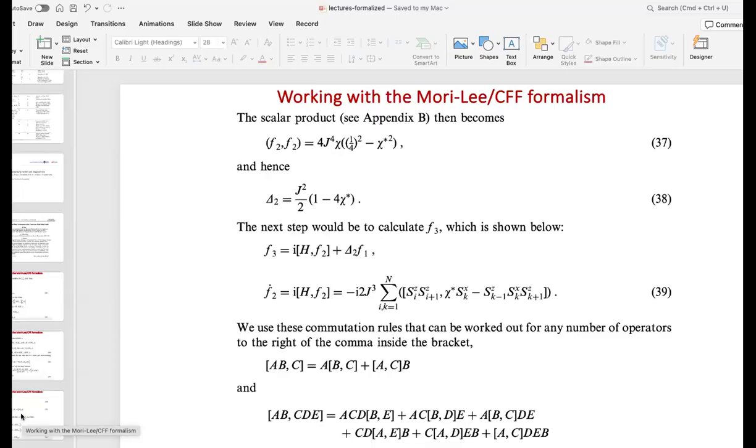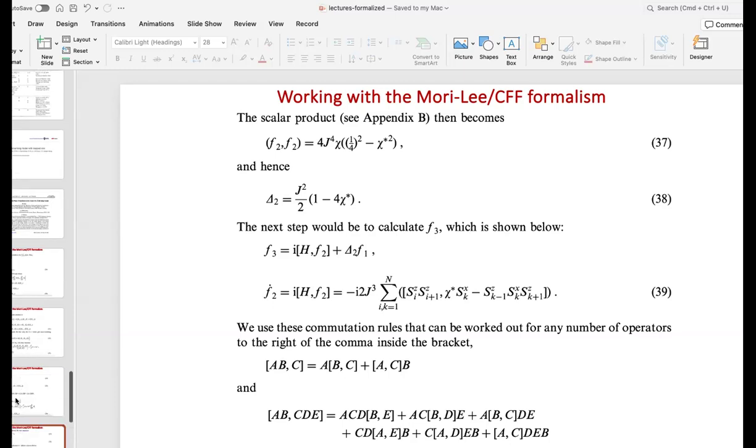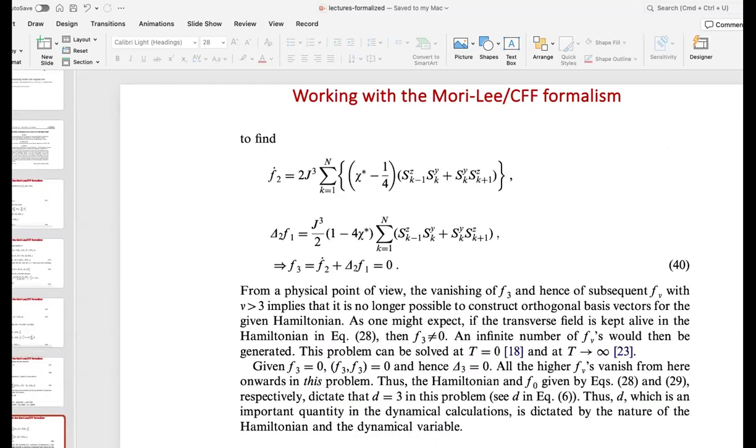The moment you do that, you find that your F2 dot becomes basically a commutation between a 2 spin and 3 spin. So let's go to the next one. Now F2 dot becomes this guy. F2 dot becomes SZK minus 1, S by K, S by K, SZK plus 1. But we have seen this before. This is exactly the structure we had for F1.